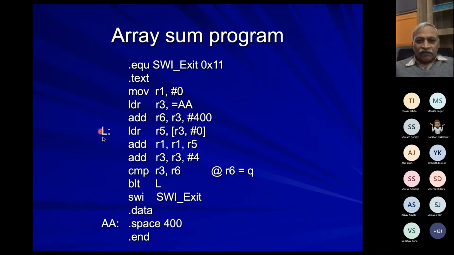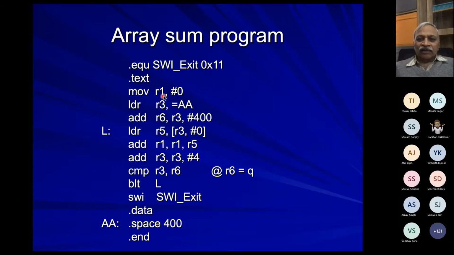L is the beginning of the loop, and this is BLT L. So this part is the loop, from this LDR instruction all the way up to BLT. So here it's a transfer back, and here is the initialization part.